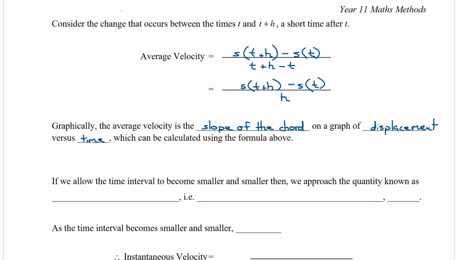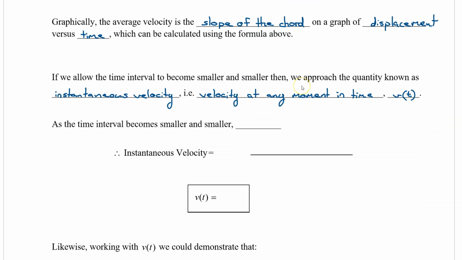If we allow the time interval to become smaller and smaller, then we approach the quantity known as instantaneous velocity, i.e., velocity at any moment in time, v of t. Moving down. As the time interval becomes smaller and smaller, such that h approaches 0, instantaneous velocity can be defined as the limit as h approaches 0 of s of t plus h minus s of t all over h.